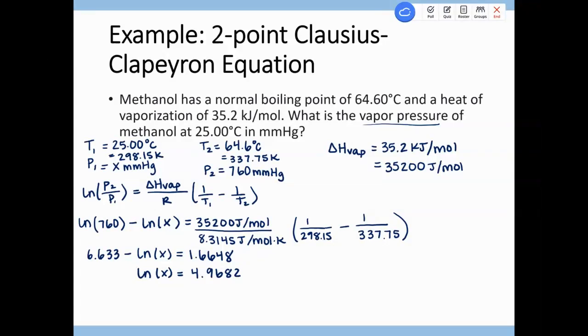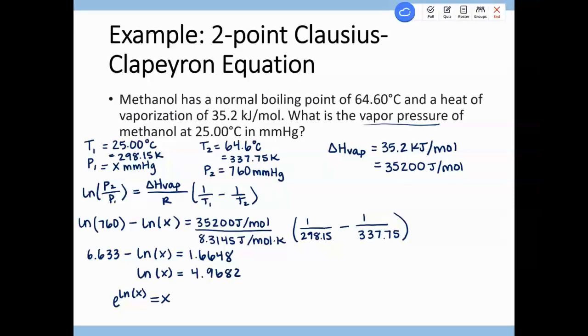Now we need to use the inverse function for natural log to get x outside of the natural log. Yes, it's e. So the inverse function for natural log is e. If you raise e to the natural log of x, this is another function on your calculator, e to the natural log of x is just equal to x.